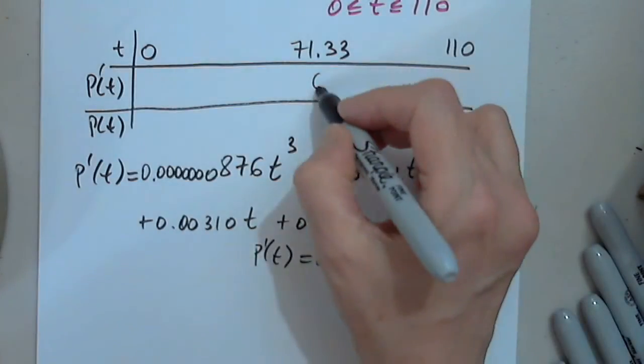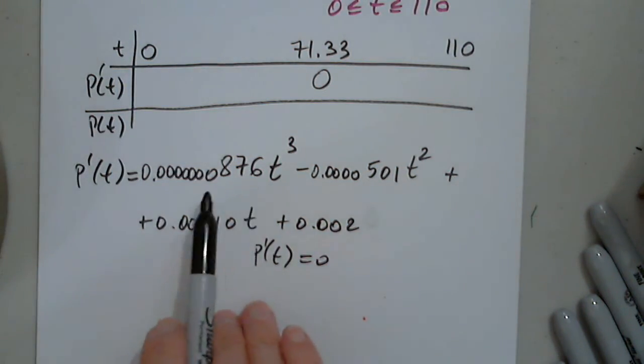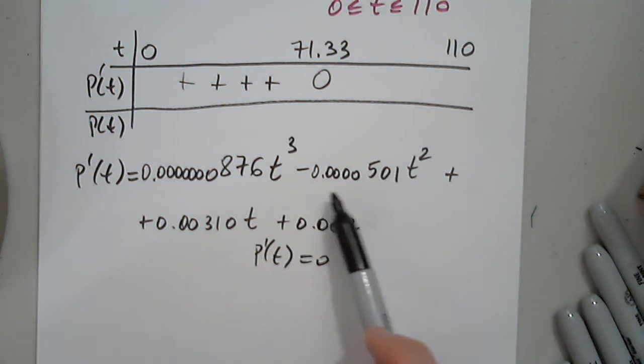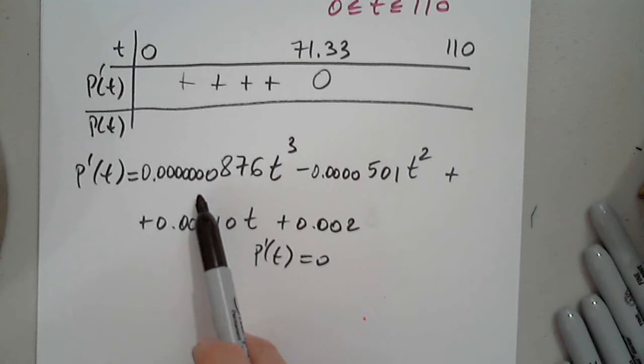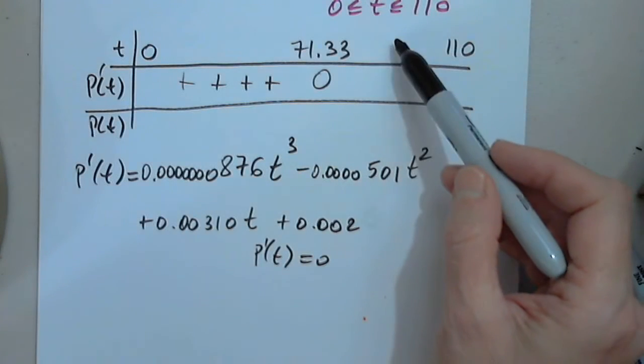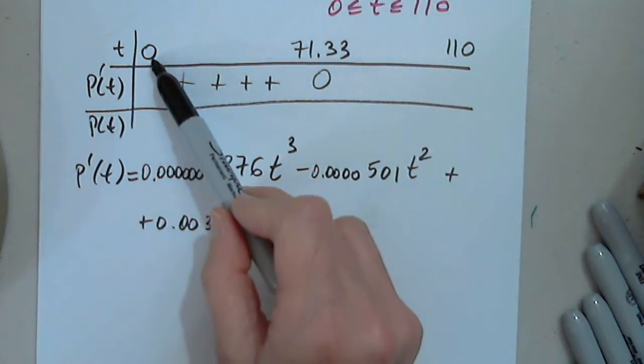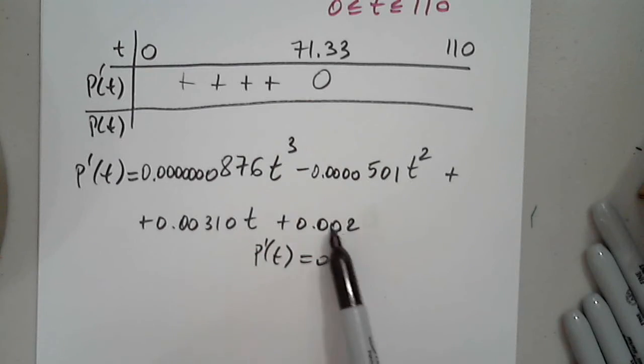Okay, so this is 0. And now when I plug in 0, this is positive. And when I plug in 110, let me see if I plug in. I have to study the sign. So I study the sign here with 0 because this is positive.